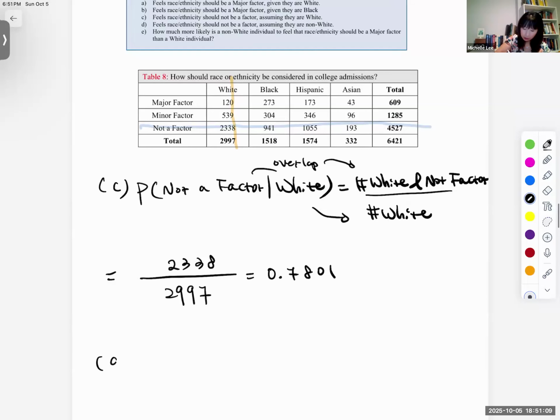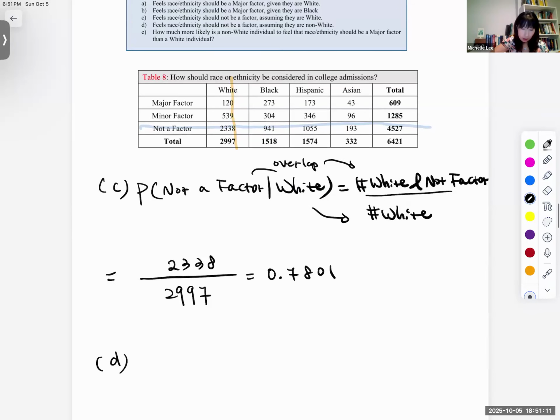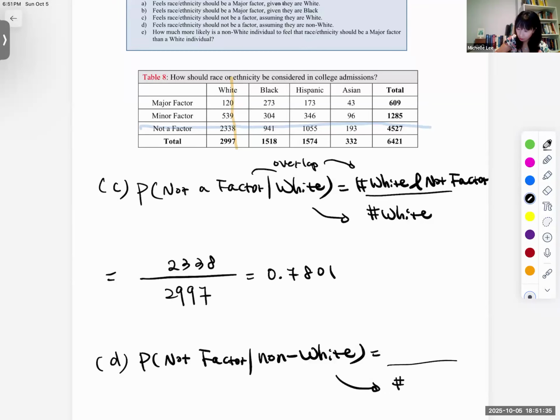Yeah. Okay, so D, very similar to the C part. Not a factor, given that non-white. So that will be number of non-white and overlap.